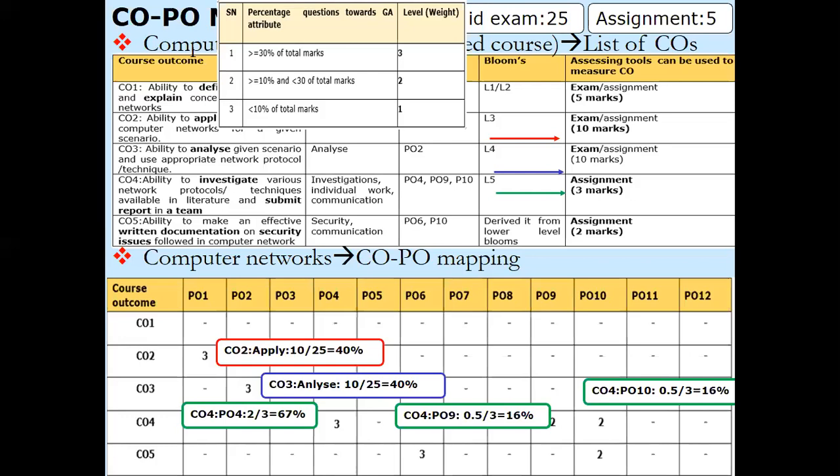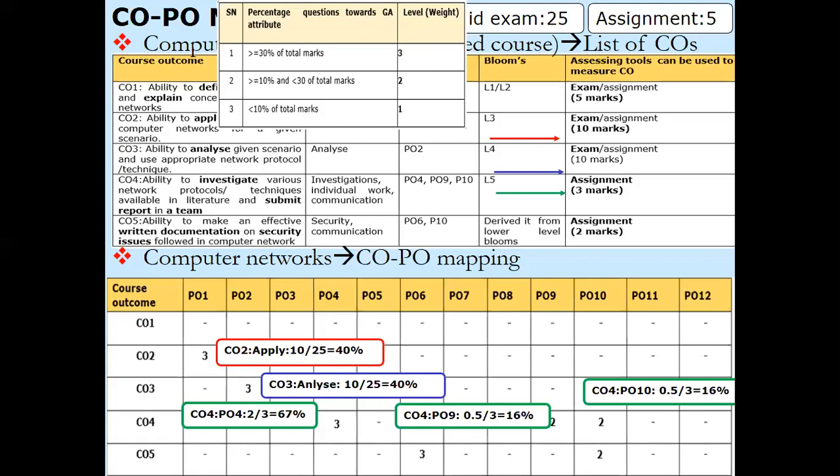With respect to CO4, I have given more emphasis on investigation. As a faculty, I will give my students a research problem. The students have to refer to more than 15 to 20 research papers. In the sense, more emphasis is given on investigation skill. And this is a group activity. I give this problem to a group of students.